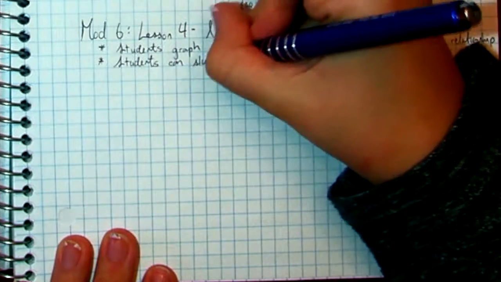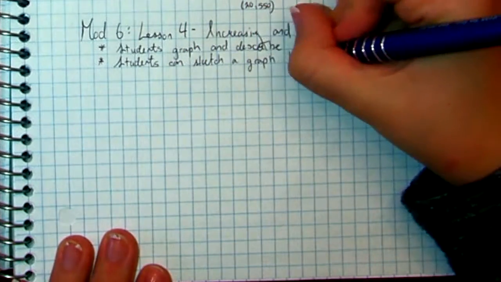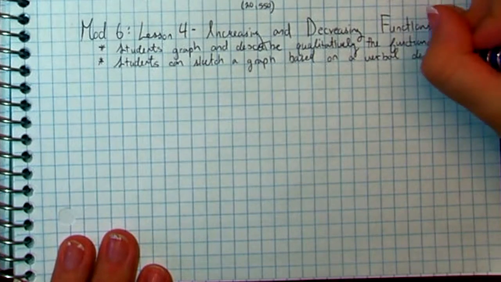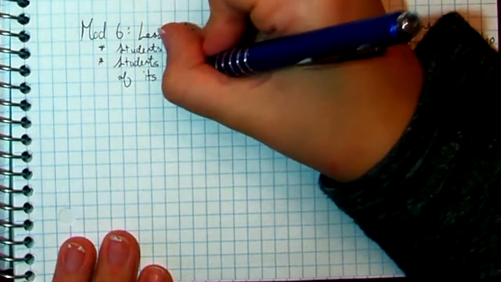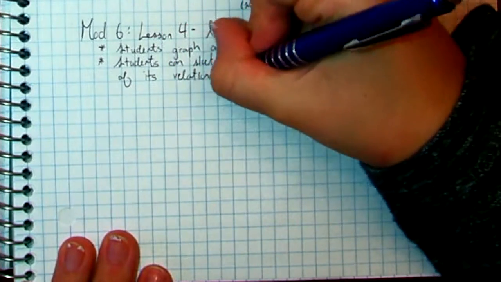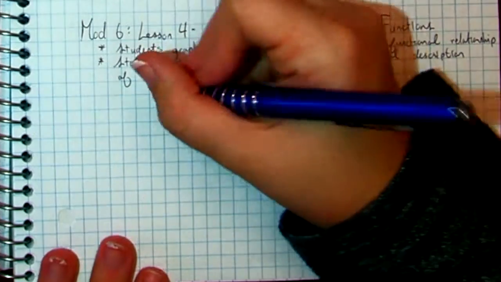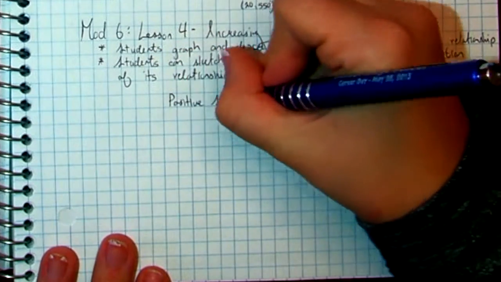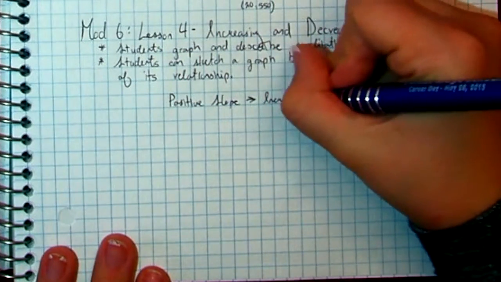In addition, students can sketch a graph based on a verbal description. So there's 3 different relationships, some key terms that we want to keep in mind.